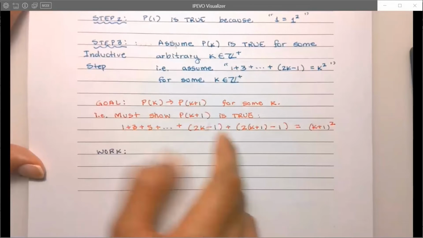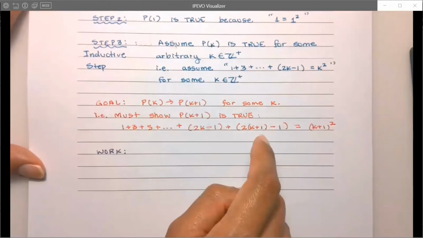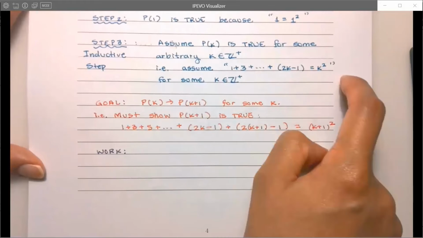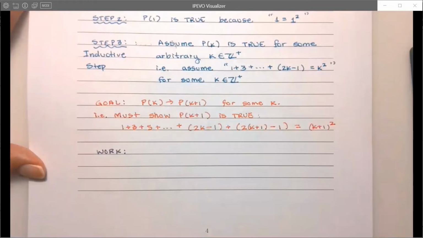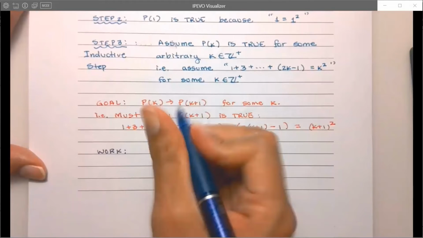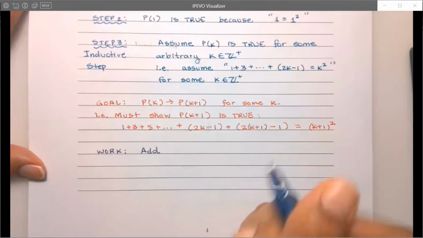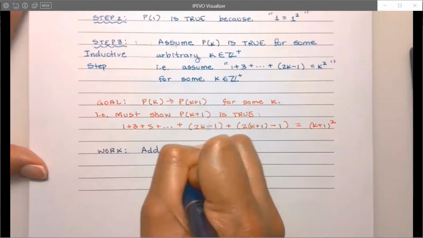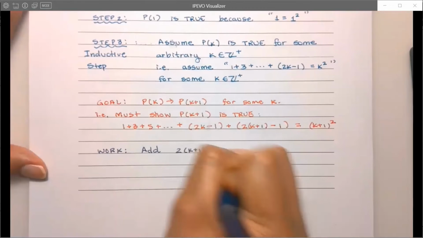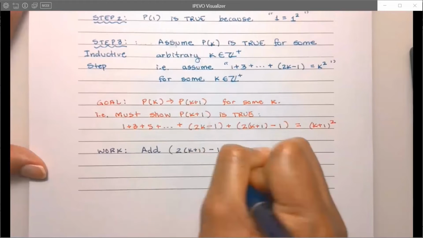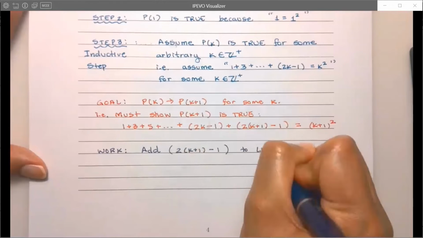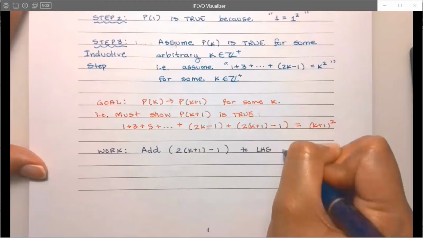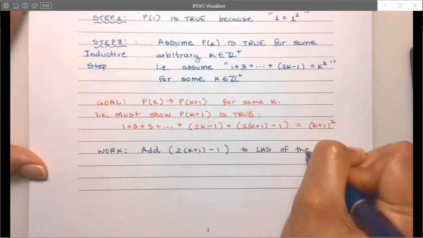We simply need to add this (k plus 1) term to the left-hand side and make sure to add it to the right-hand side and then simplify it from there. So we're going to add 2 times (k plus 1) minus 1 to the left-hand side of the assumed equation.